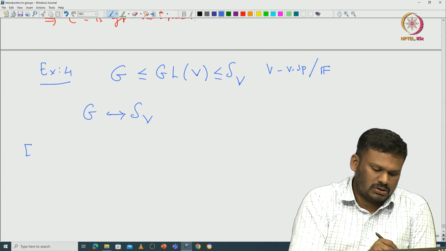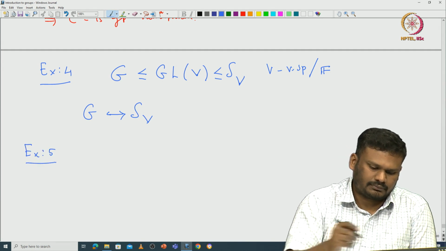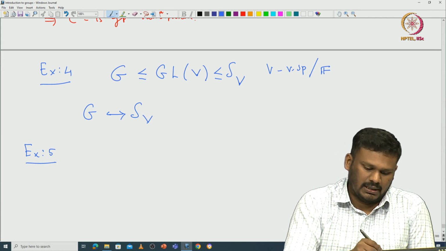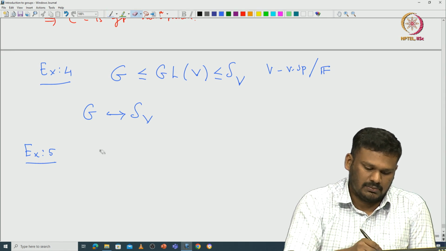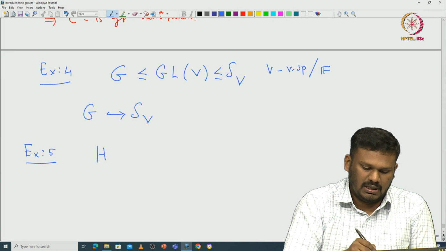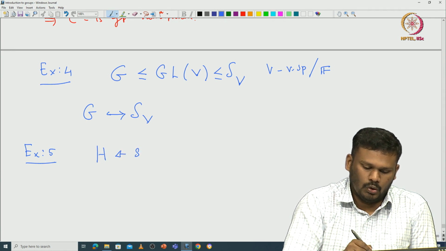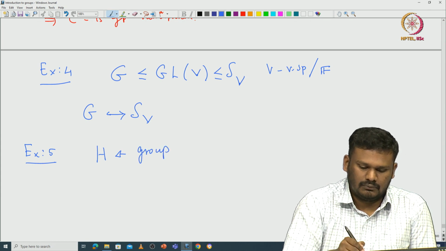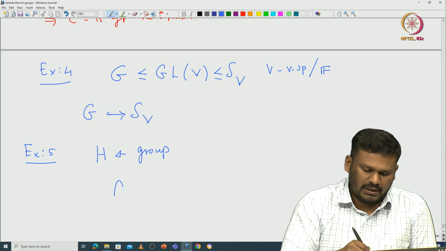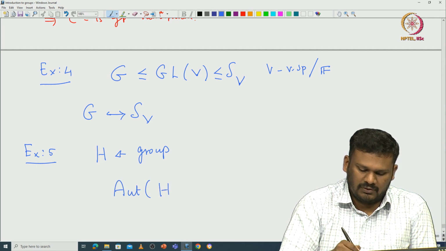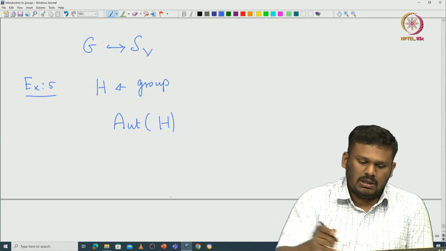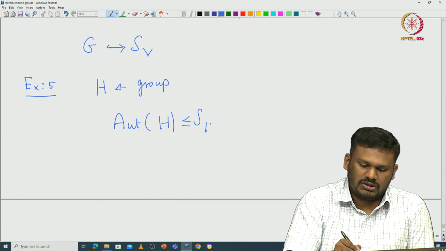Similar to this, one can take, let's use some different notation, let us say H being a given group. Then one can look at the automorphism group of H. These are all group isomorphisms from H to H. Naturally, this is sitting inside SH.